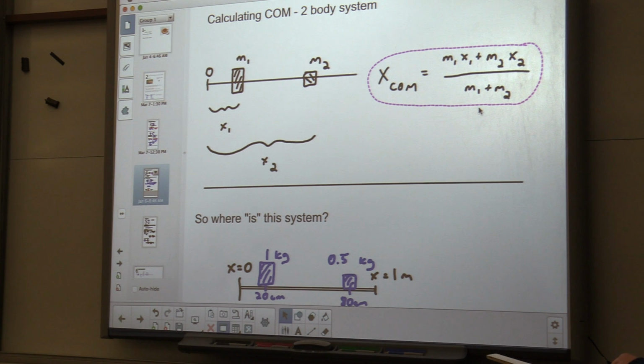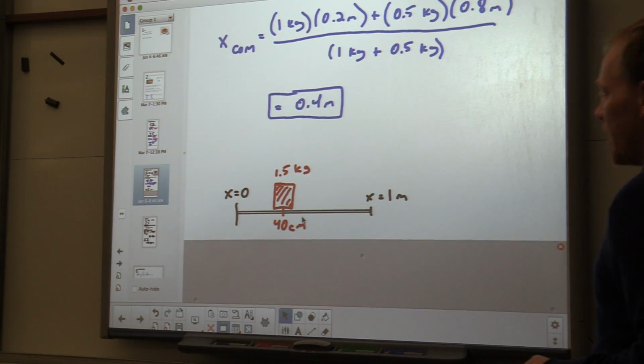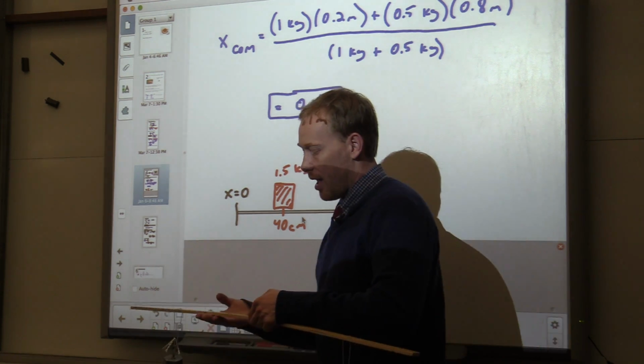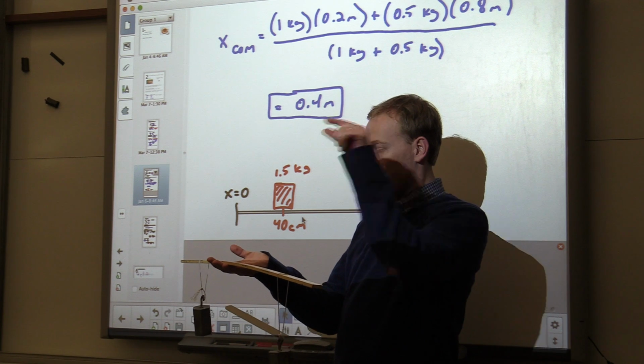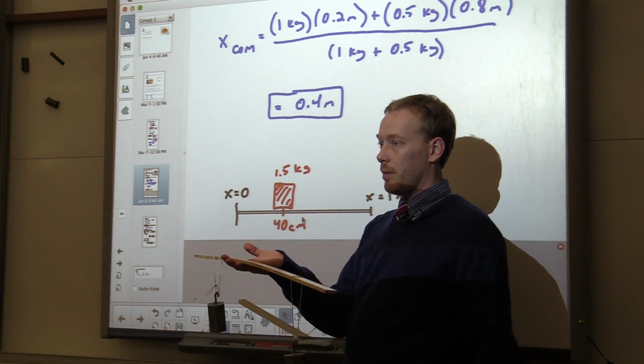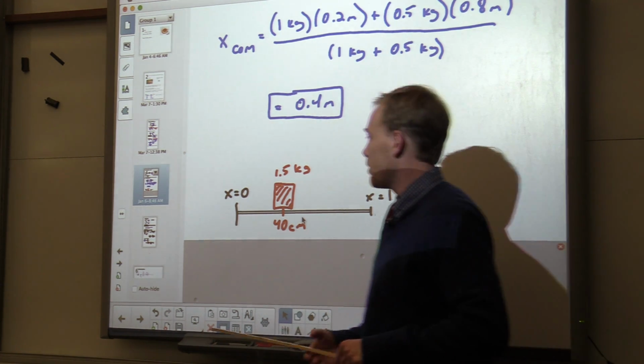Everybody have this down? To find 40 centimeters again. So it's kind of like I'm holding a 1.5 kilogram object whose location is right at 40 centimeters. Okay?